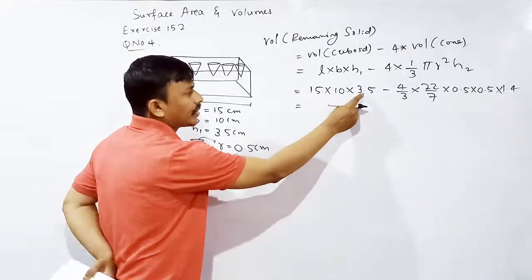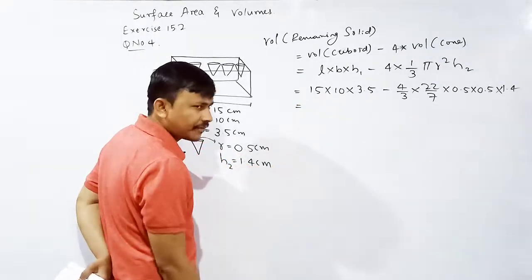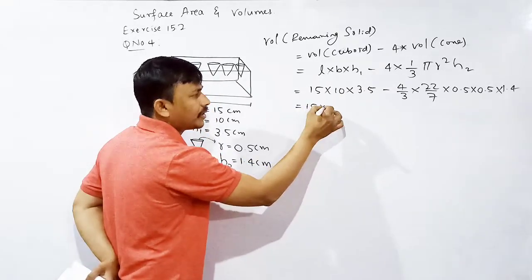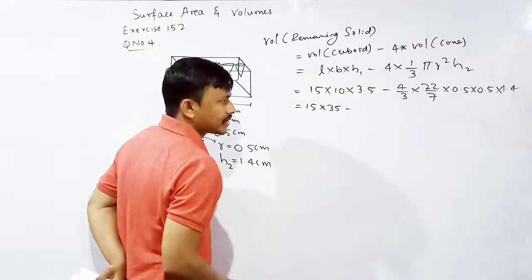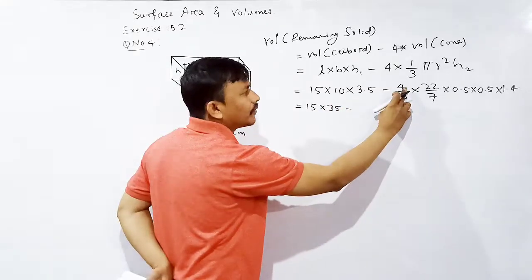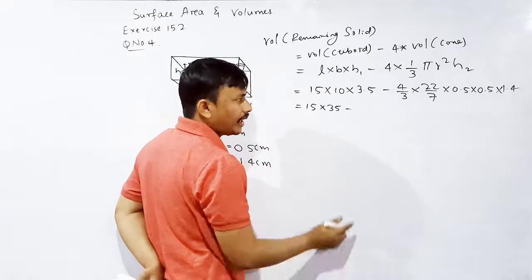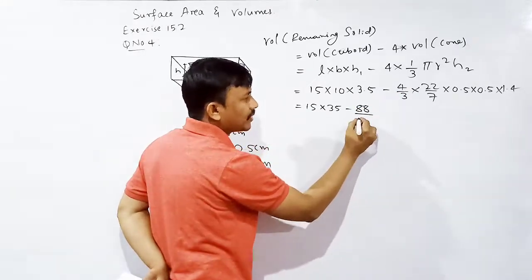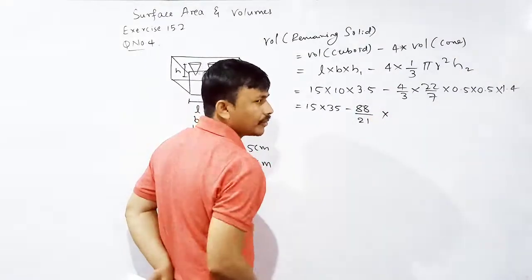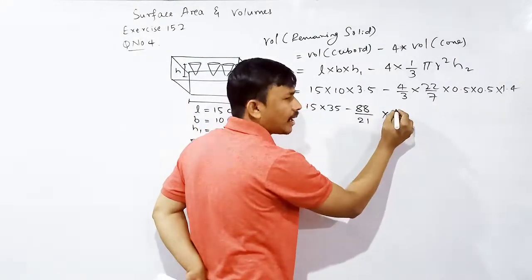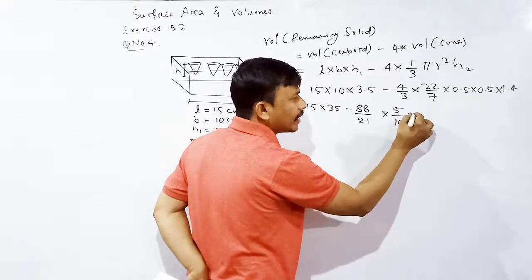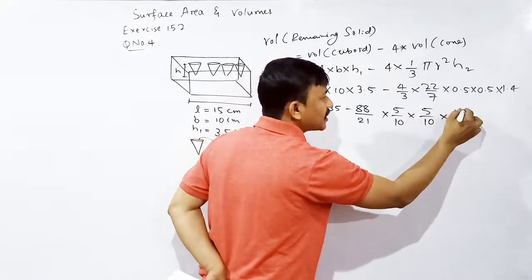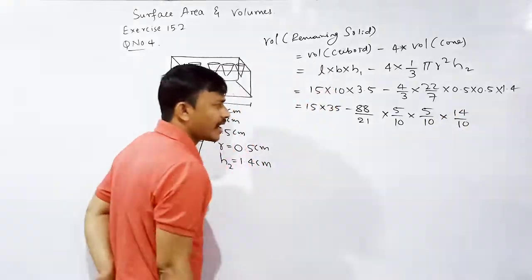This is equal to 3.5 tens are 35. Okay, 3.5 tens are 35. 15 into 35 minus 22 fours are 88 divided by 3 sevens are 21, into 0.5. 0.5 is nothing but 5 divided by 10, and 1.4 is nothing but 14 divided by 10.